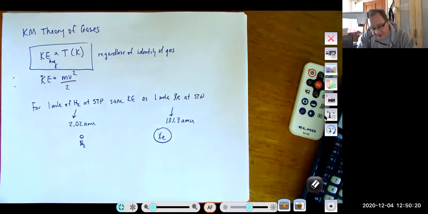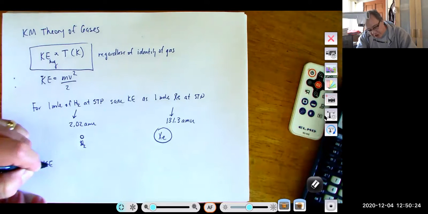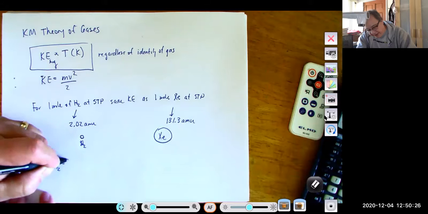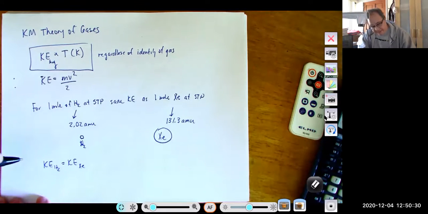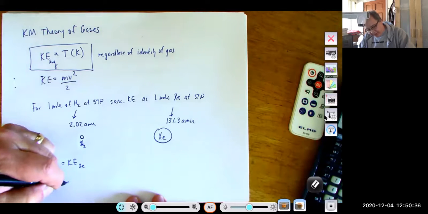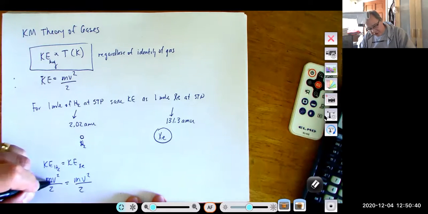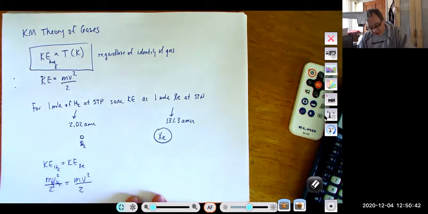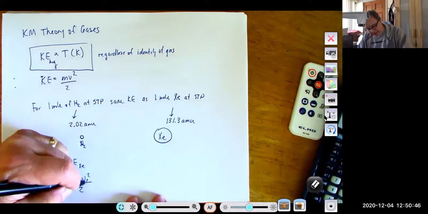And the answer is here in this equation. If the kinetic energy of H2 is equal to the kinetic energy of xenon, that means that mv squared over 2 is equal to mv squared over 2, but this is the mass of H2 and the velocity of H2, and this is the mass of xenon and the velocity of xenon.